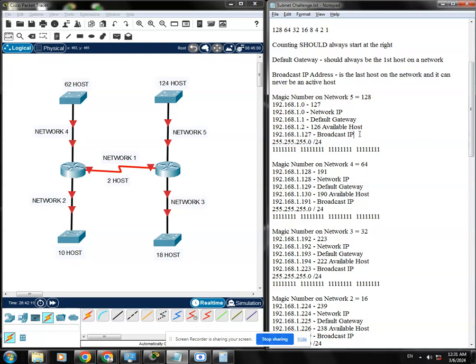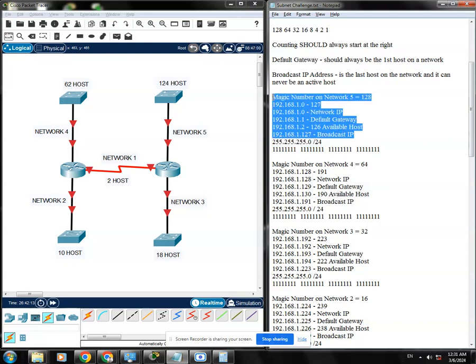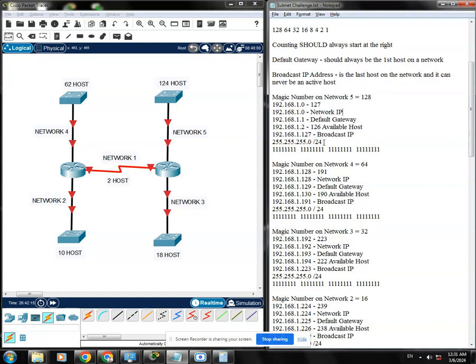But since we created a subnetted IP address, it should have a subnet mask as well. All right, so here we go.